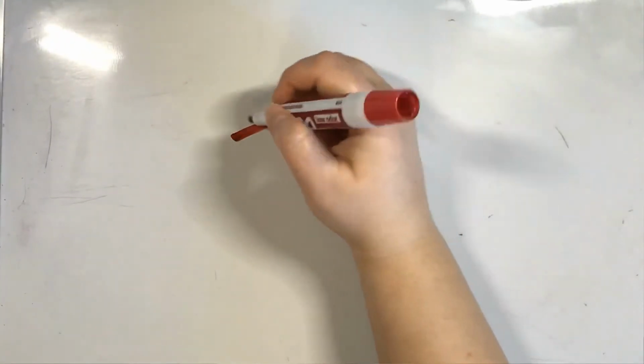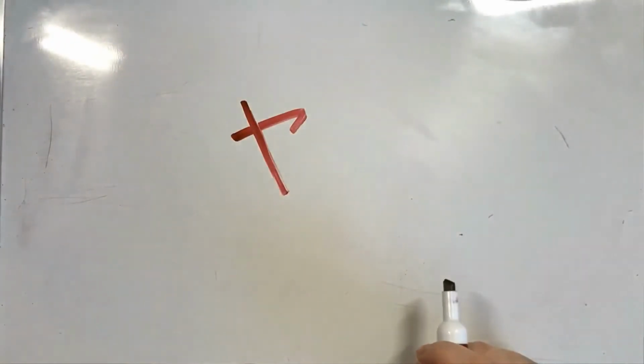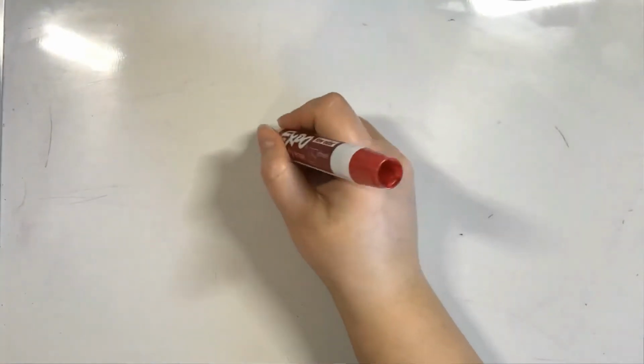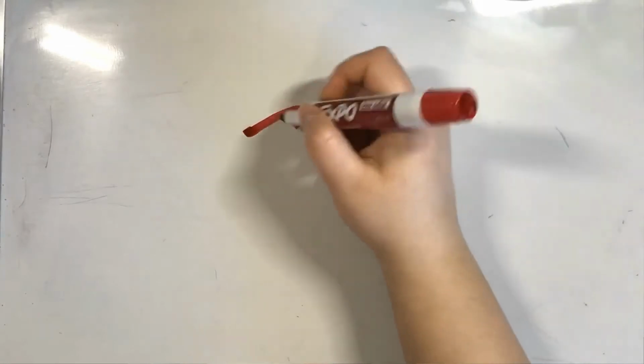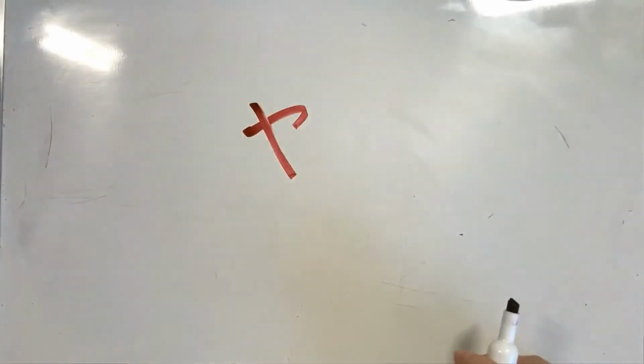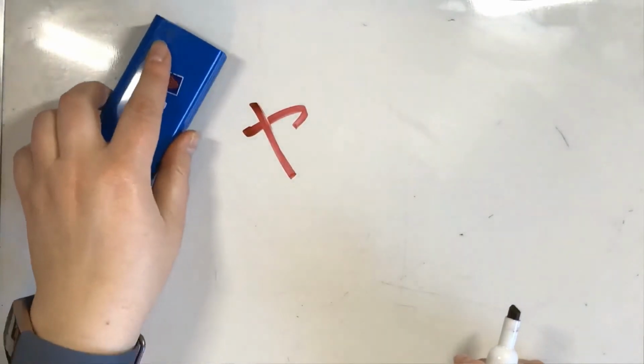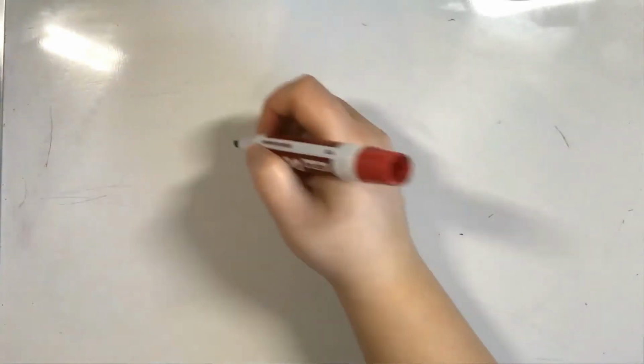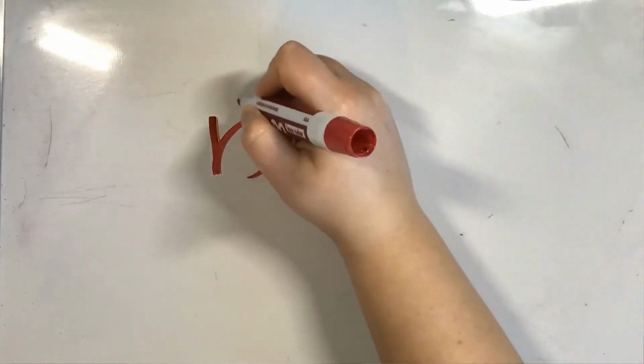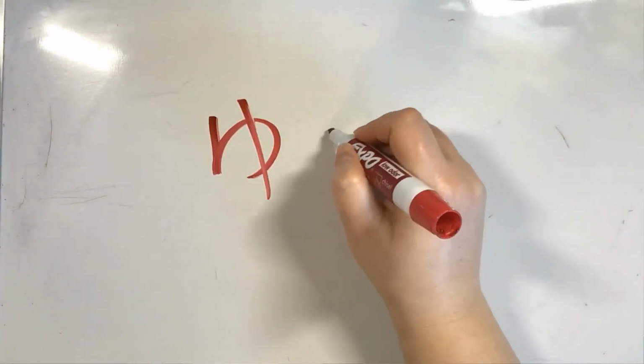Across, and then through. Last time. Across, and then through. And that is ya. Next is yu. And here's the difference between those two.